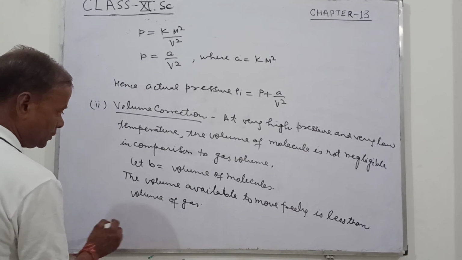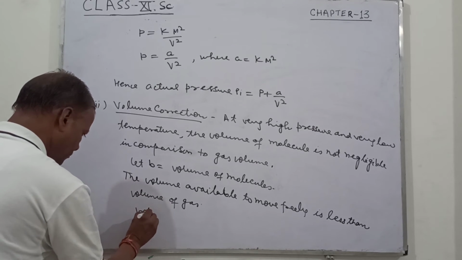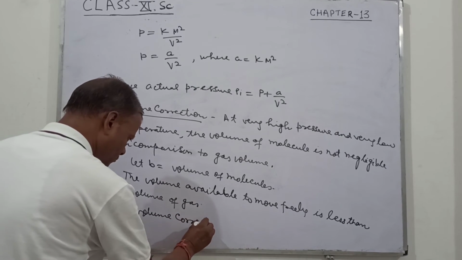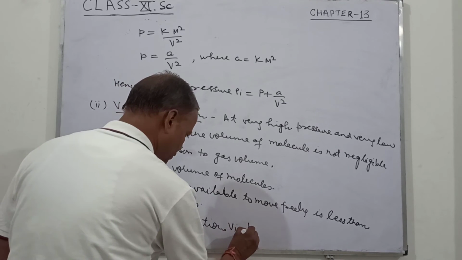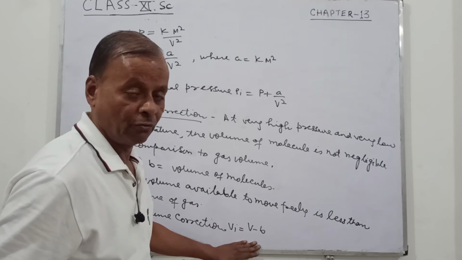So the volume correction V_i equal to V minus b. So much volume will be available for the molecules.